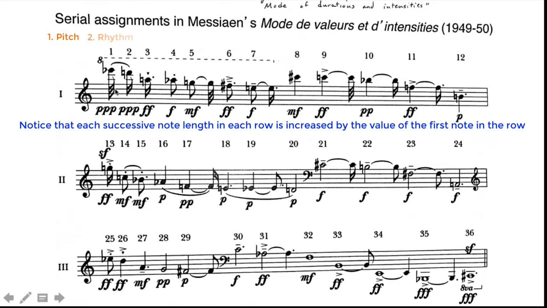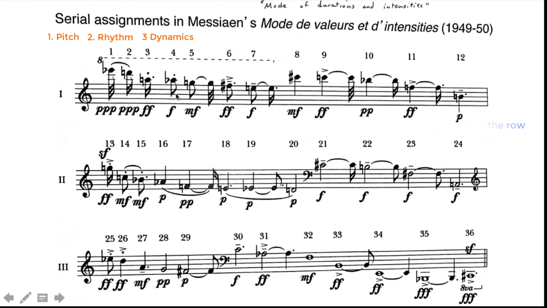So we are serializing here pitch specific, and each pitch is attached to a specific rhythmic value. So we're serializing rhythm, pitch, and not only that, but each one of these notes is attached to a specific dynamic marking. So we have the same idea, but these dynamics are attached to single pitches. So the dynamic is going to change every time a new note arrives, unlike what we saw in the Babbitt.